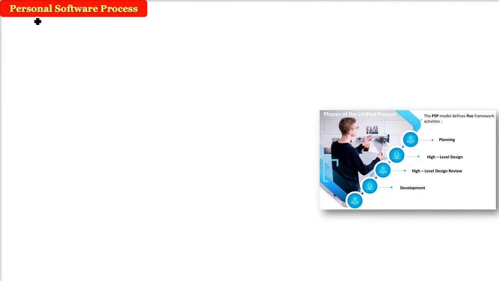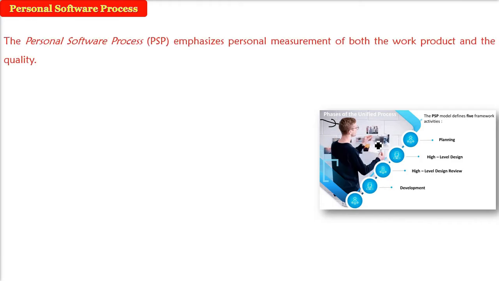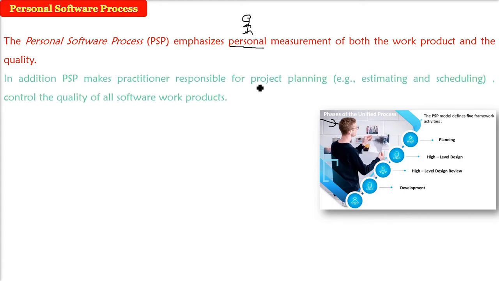Personal software process: the software process to be followed by an individual, a single person. So this PSP emphasizes personal measurement, of a single individual, measurement of the output, the work product.